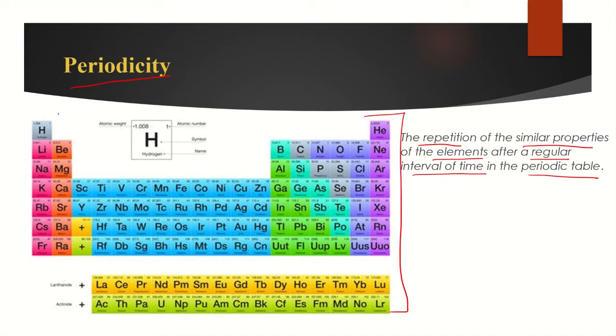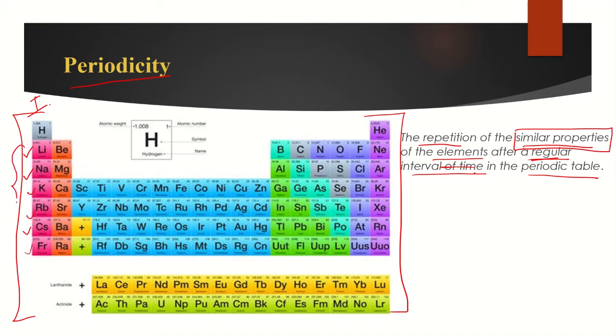This periodic table, the elements present in the periodic table, if you try to study all of these, we will observe that they show similar properties at regular intervals. So let us consider group number 1, which is lithium, sodium, potassium, rubidium, caesium, francium.